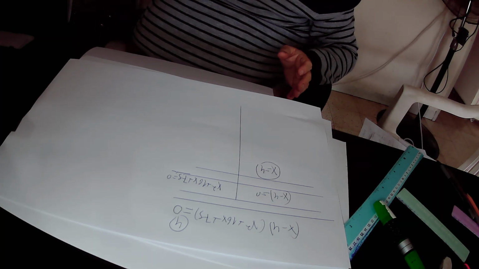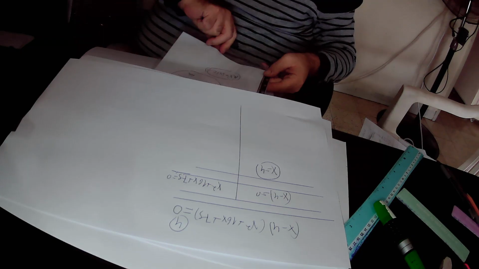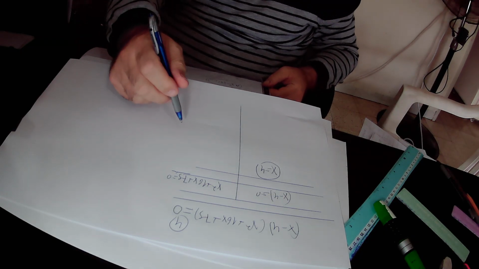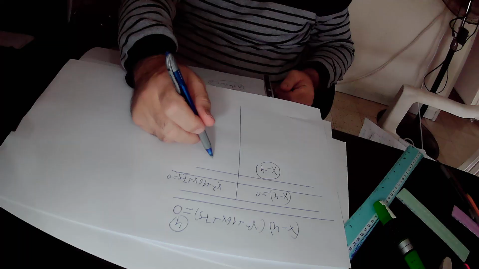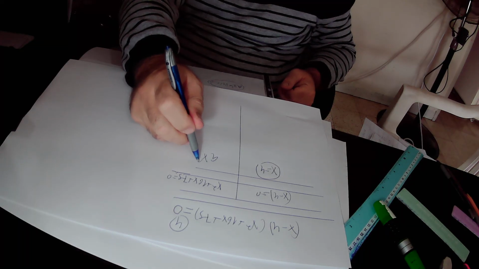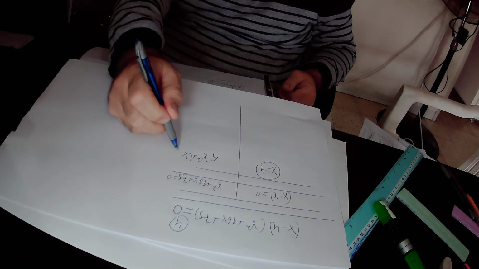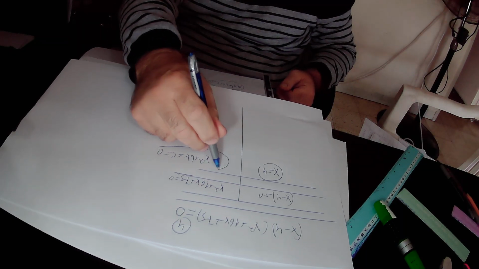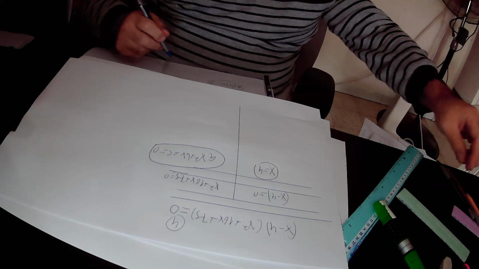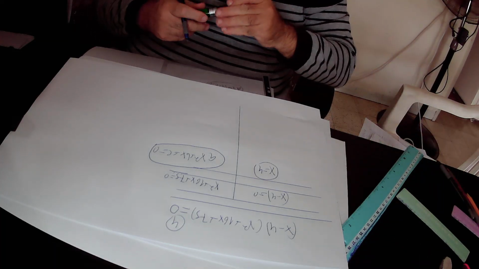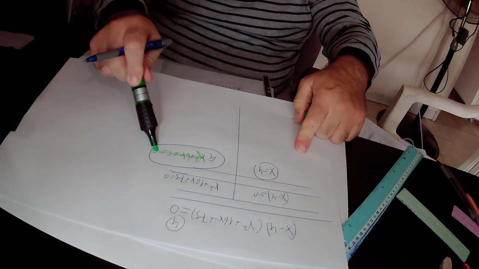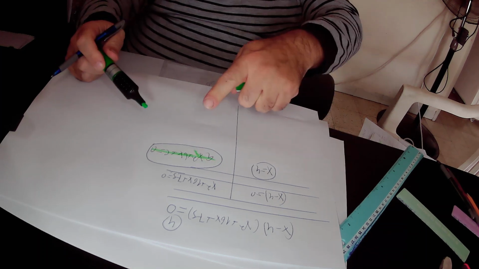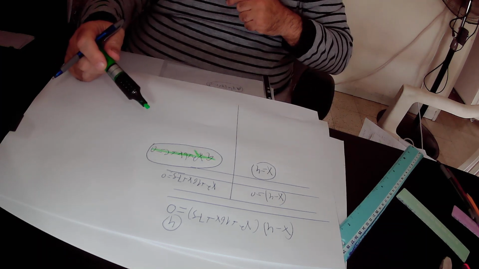And the general formula for a quadratic equation is as follows: ax squared plus bx plus c equals 0. In this general formula, a, b, and c are the coefficients of this quadratic equation, and x is the variable that we are looking for.